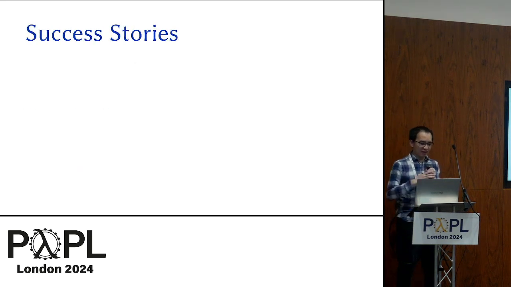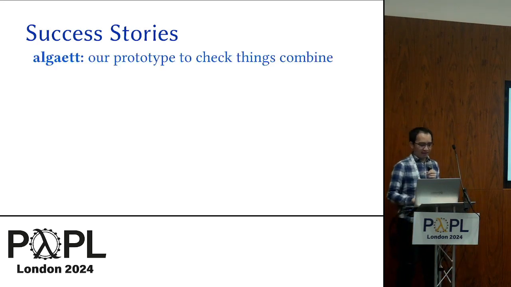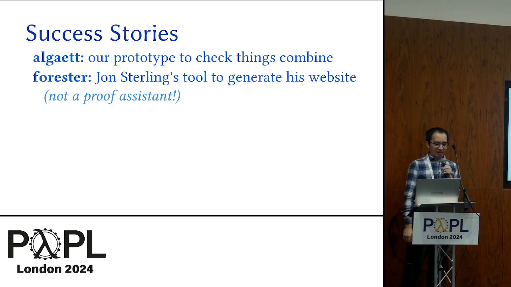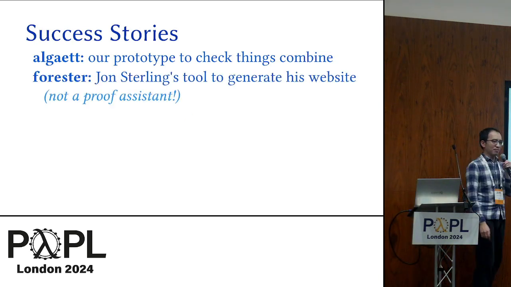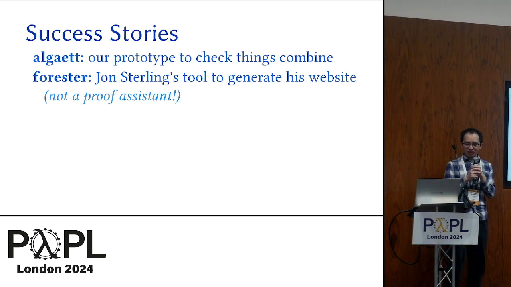Okay, I'm almost done. I have some success stories that I want to share with you. First of all, we created a prototype to make sure that we are not lying to ourselves, that it's working, and it appears to work. And then there are some interesting customers of our library. One is that John Sterling just created a tool to generate his website.